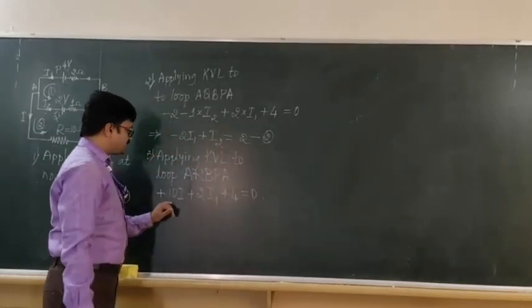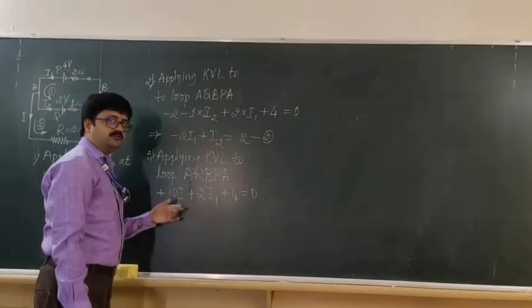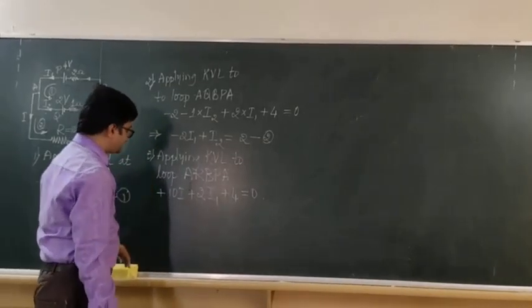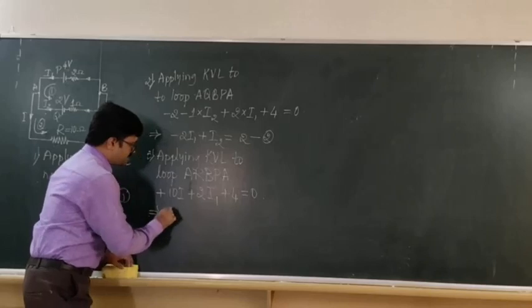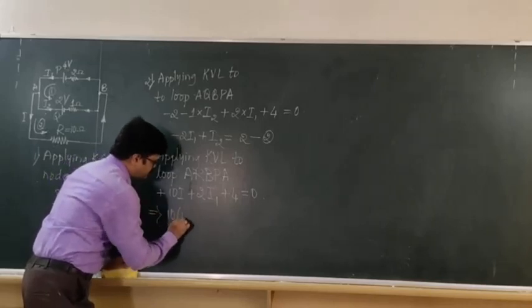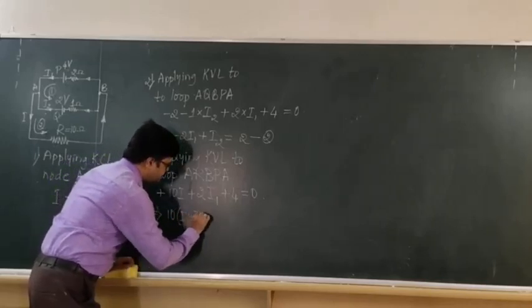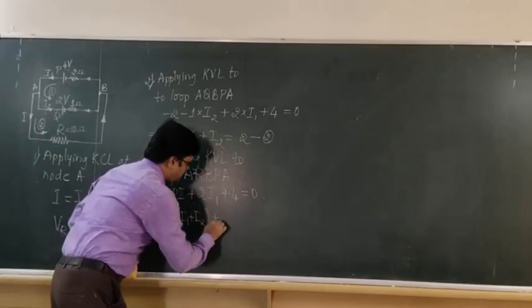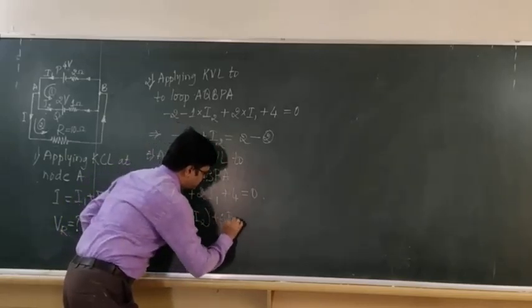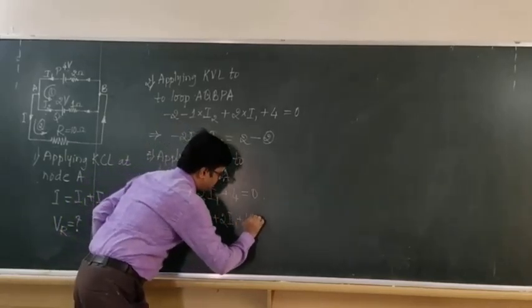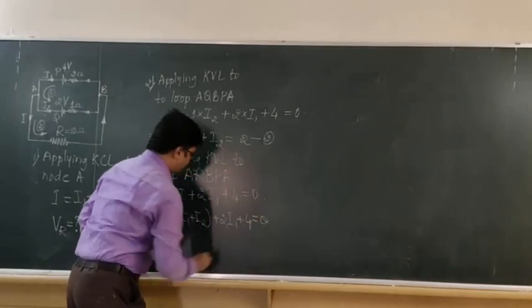Right. Now let me apply I is equal to I1 plus I2. That should be our next step. So this implies 10 into bracket I1 plus I2 plus 2I1 plus 4 is equal to 0. This is what we have, right?